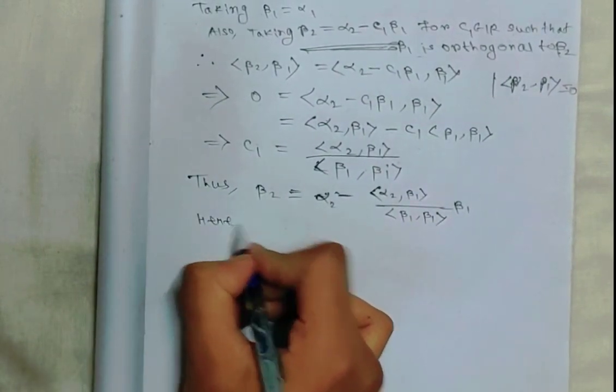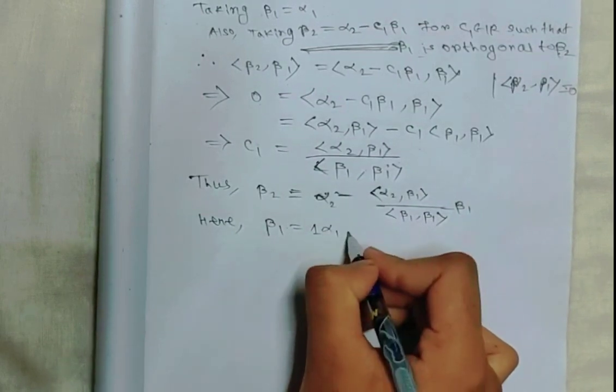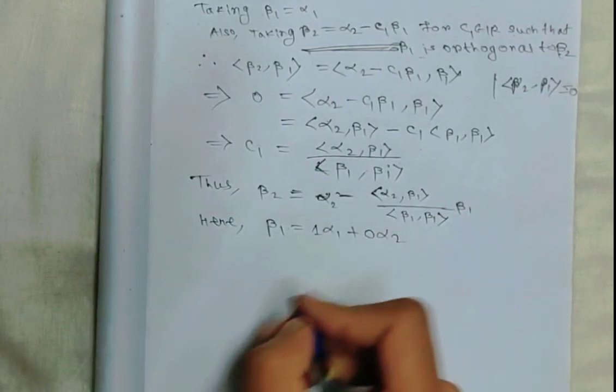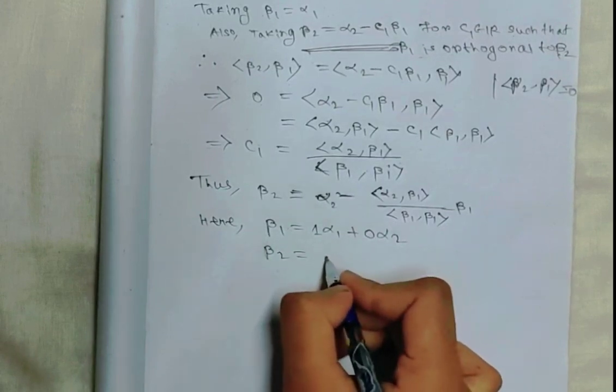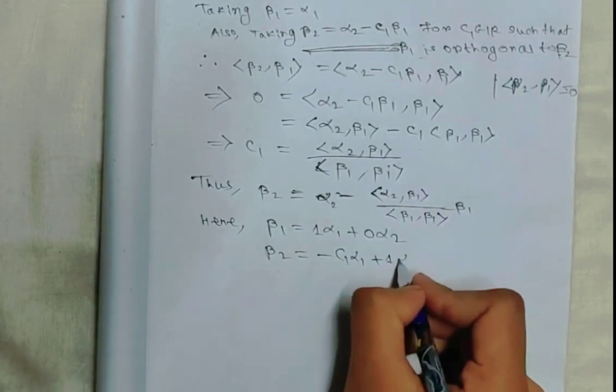Here beta 1 equals, we can write as, alpha 1 plus 0 into alpha 2. Also beta 2 equals minus C1 alpha 1 plus 1 into alpha 2.